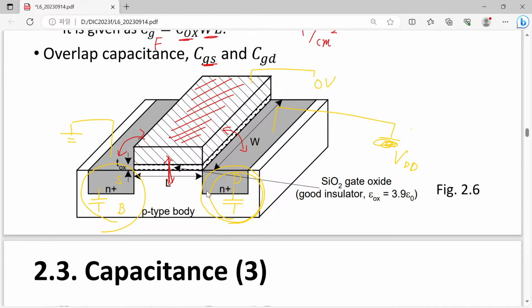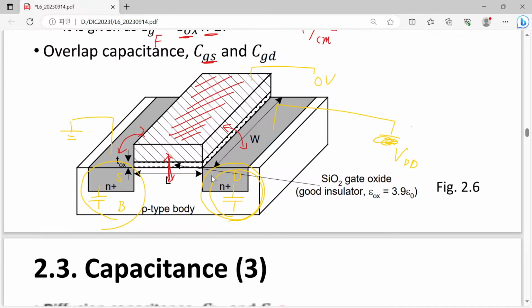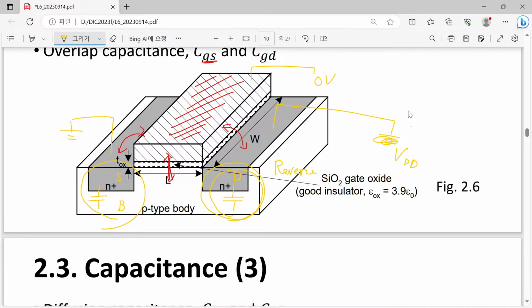So please think about this one. This is a reverse biased PN junction. Reverse biased PN junction. And when a PN junction is reverse biased, then the distance between your N plus region and P region becomes widened.